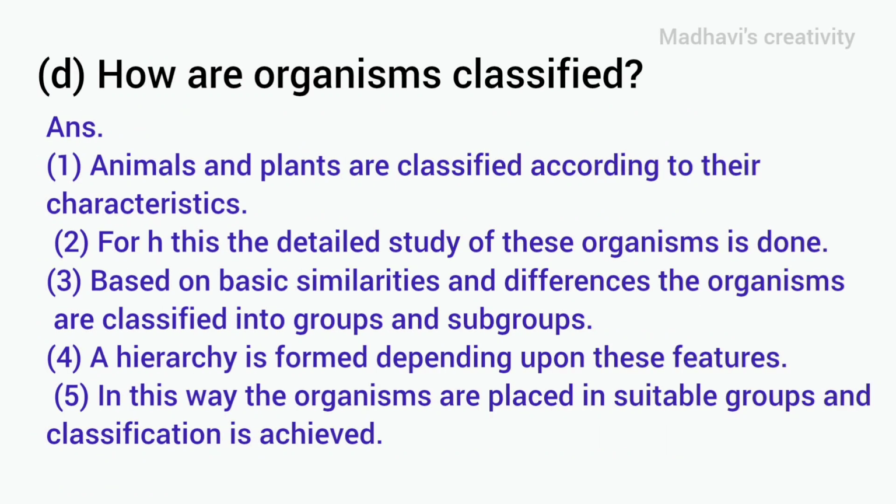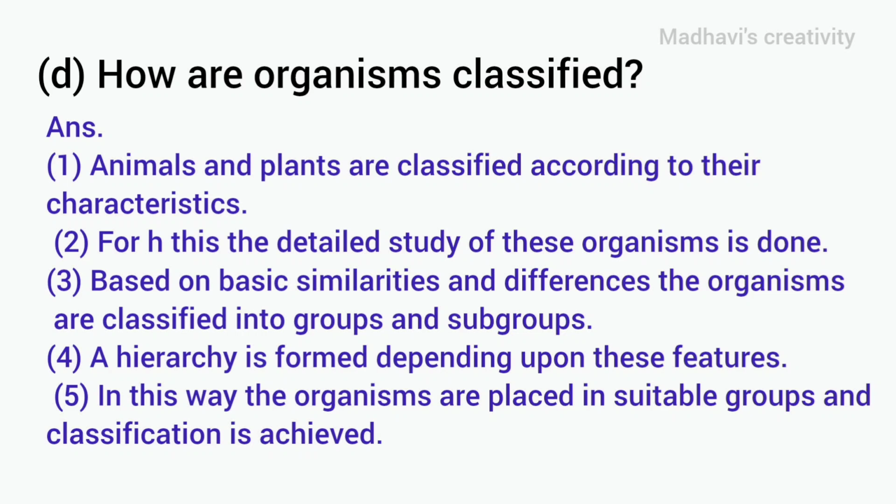D. How are organisms classified? Answer. First, animals and plants are classified according to their characteristics. Second, for this, a detailed study of these organisms is done.